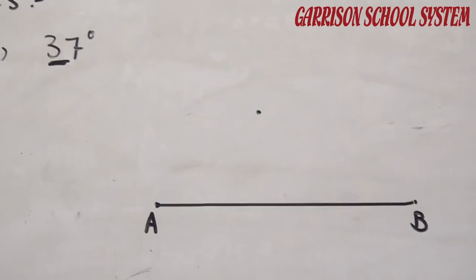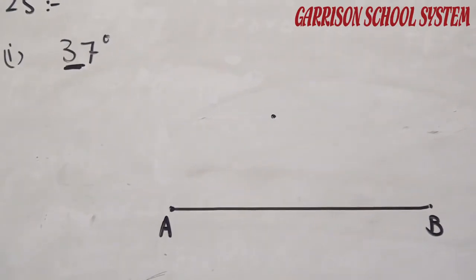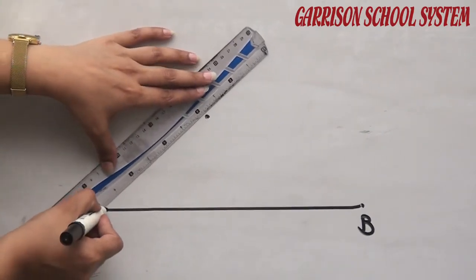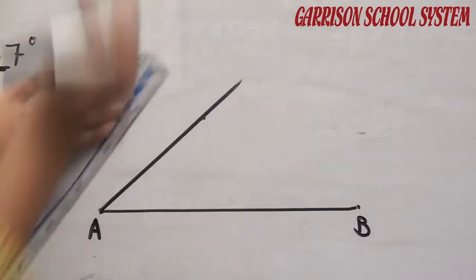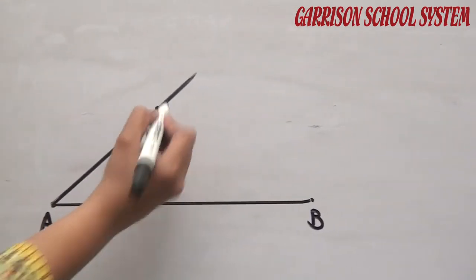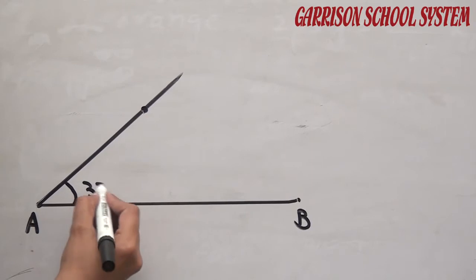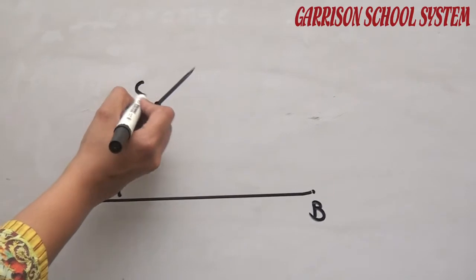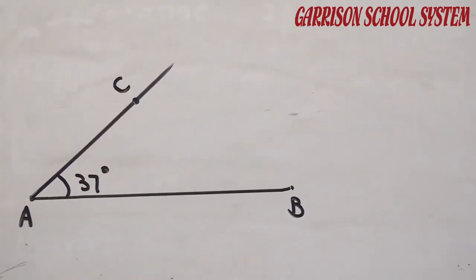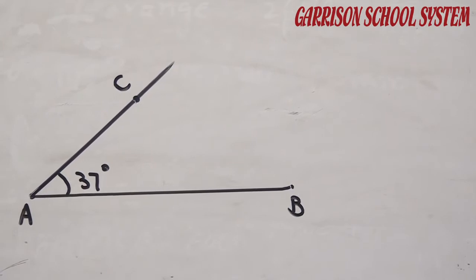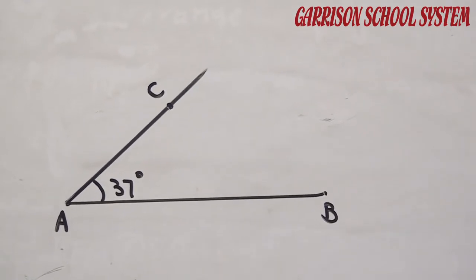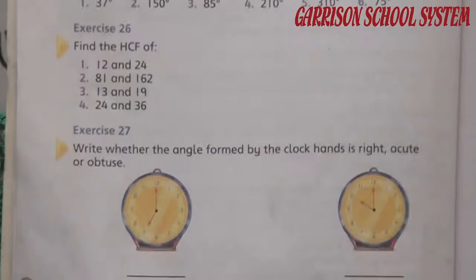So now we will join these 2 points, point A with this point. So now we can say this is the angle of 37. Students, in this way you can call the name C, the letter C. So it is solved, and in this way we have 6 parts in exercise number 25.